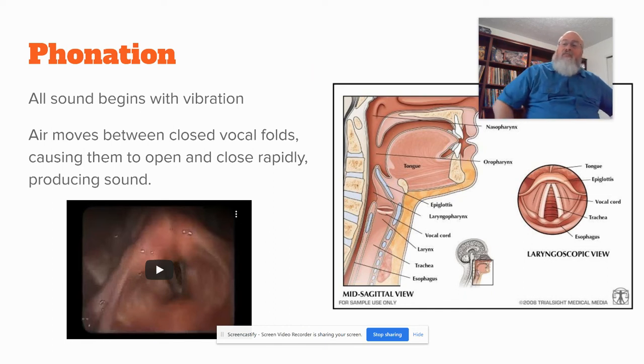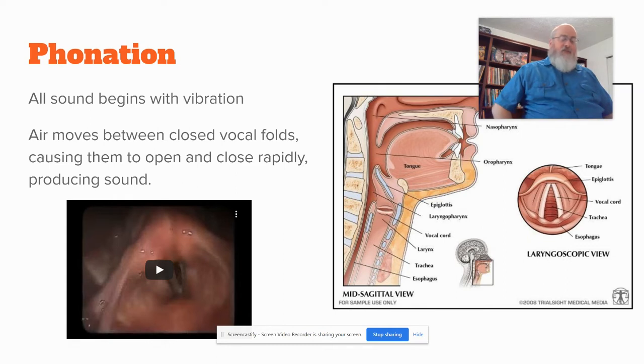Now, you may ask yourself, how rapidly do they open and close? Well, for an example, if you sing an A below, the A immediately below middle C, then your vocal folds are opening and closing approximately 220 times per second.